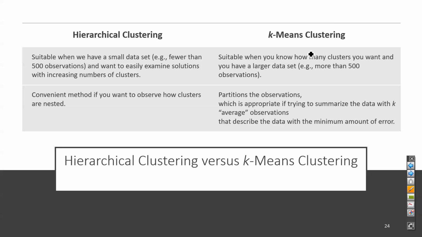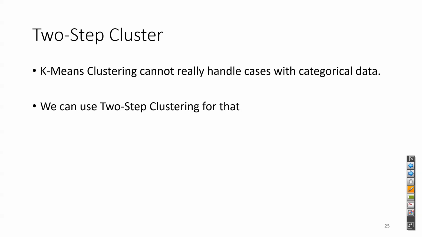But the downside is that you have to predetermine how many clusters you want to have, and also it doesn't allow you to choose the way the distances are calculated. So in terms of analytical result, whatever outcome it provides can be somehow limited. So that's another thing you need to consider.